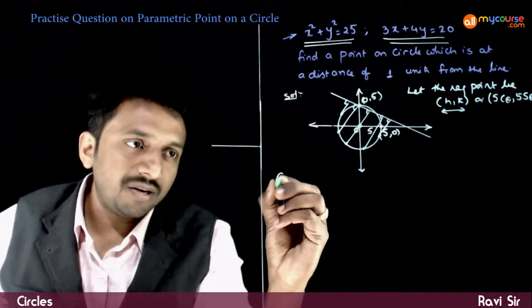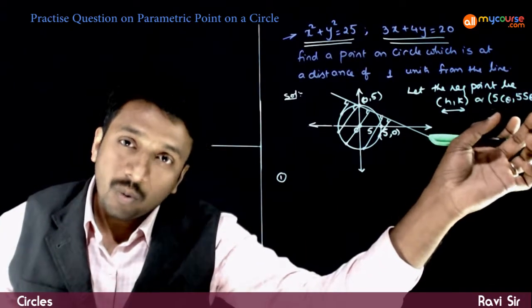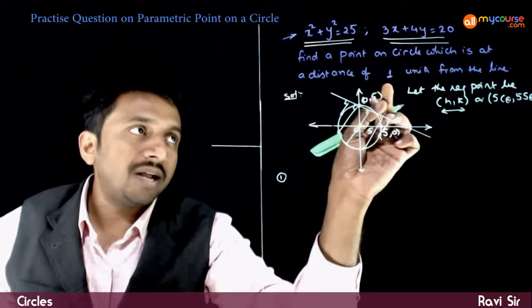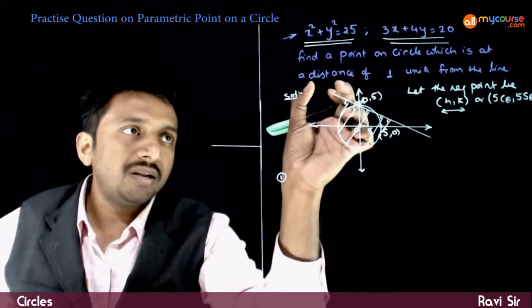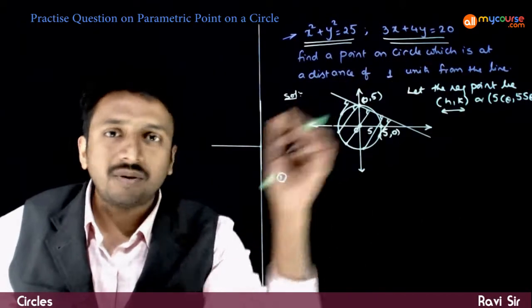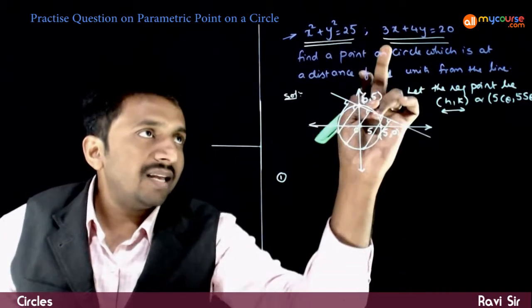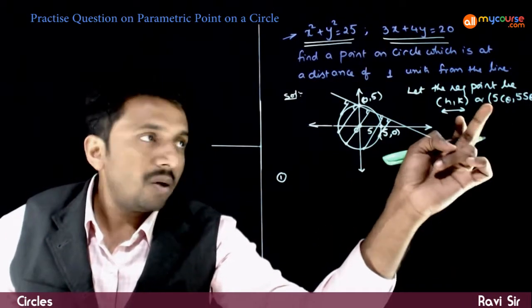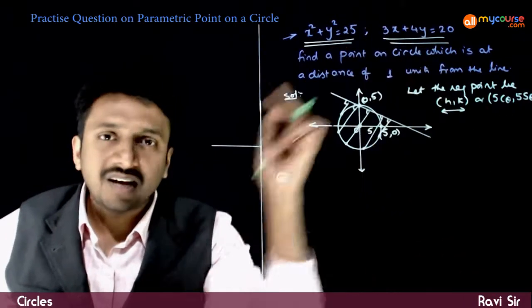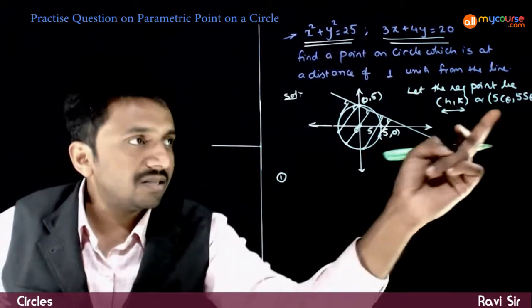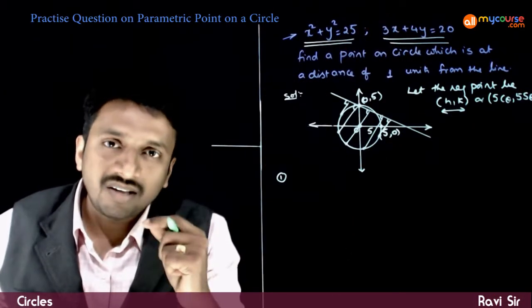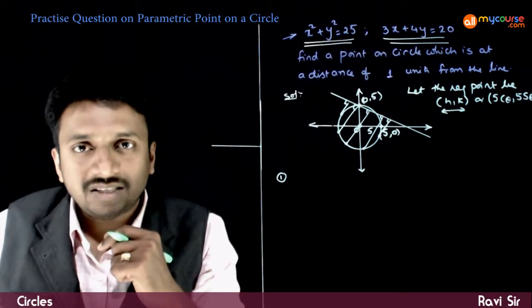So if you take the parametric point, you have only one unknown, you'll have one condition. I want this point to be at a distance of 1 unit from this line. So the line is this, the point is this. What is the distance of this point from this line? The perpendicular distance of a point from the line. We have derived the equation in the straight lines chapter.